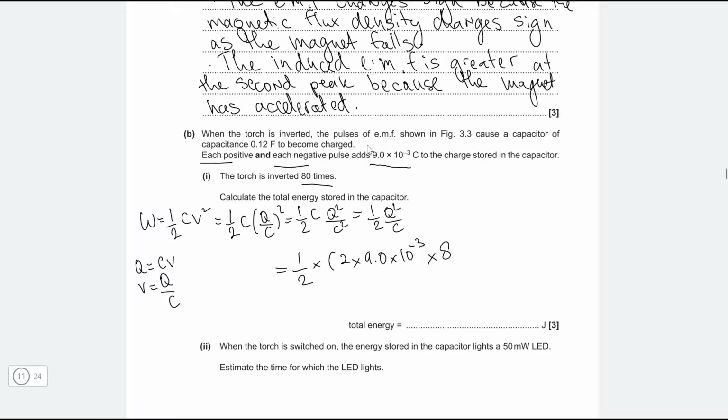We're going to multiply that by 80, and that will be squared, by the way, and I'm going to divide by the capacitance, which is 0.12 farads. Put all of that into a calculator, and we are going to get 8.64, because we're working up to 2 significant figures. Let's leave that as 8.6 joules.